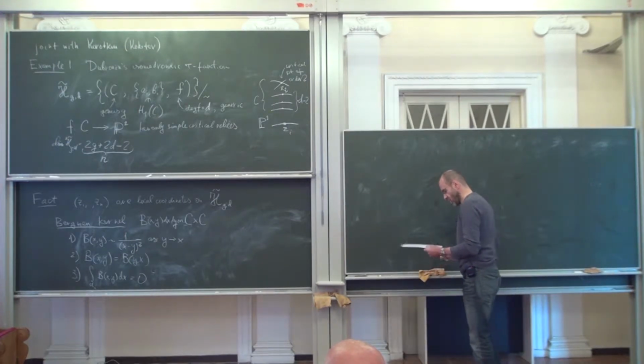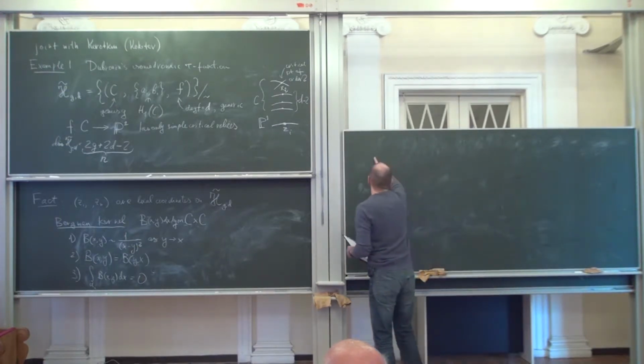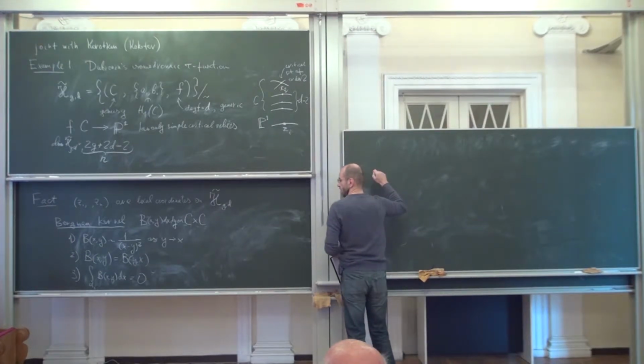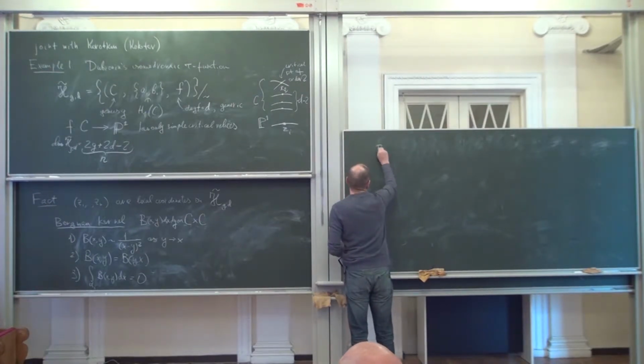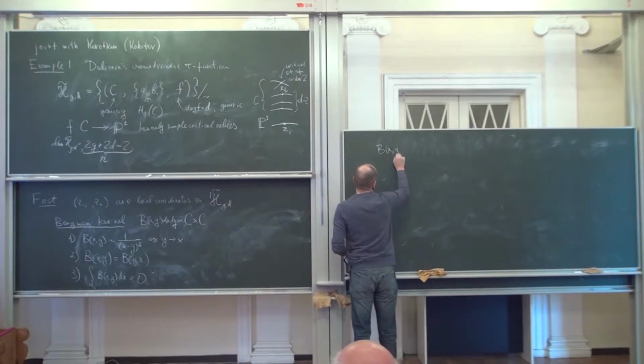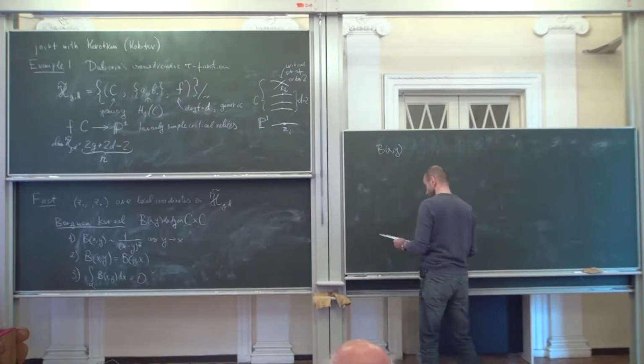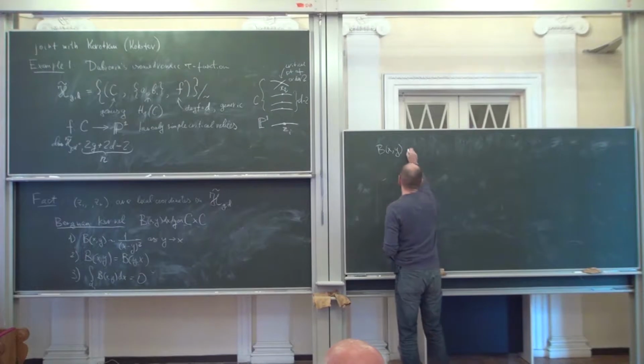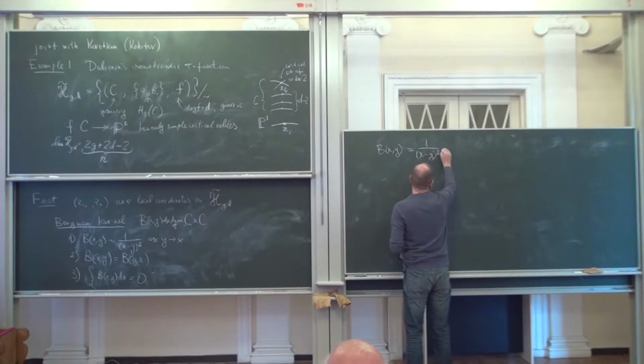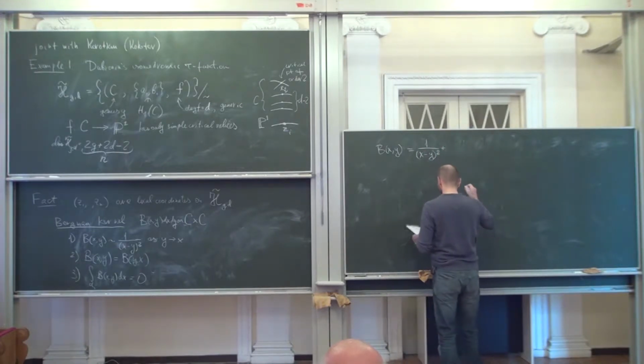Okay, so let's now look at the asymptotic expansion of this kernel near the diagonal in the product. So we know that the first term is 1 over (x minus y) squared. Then we have something regular.